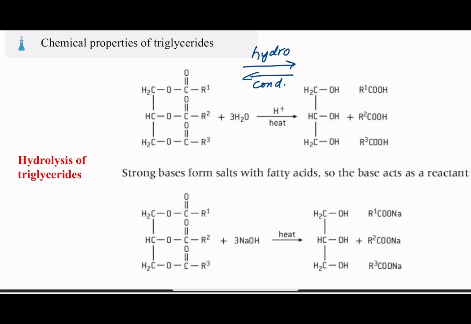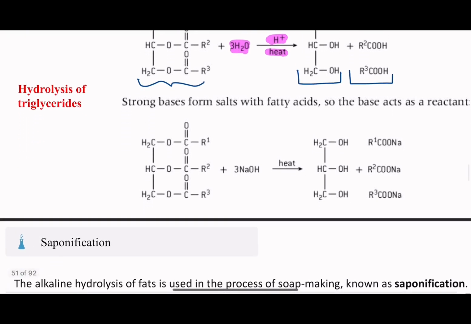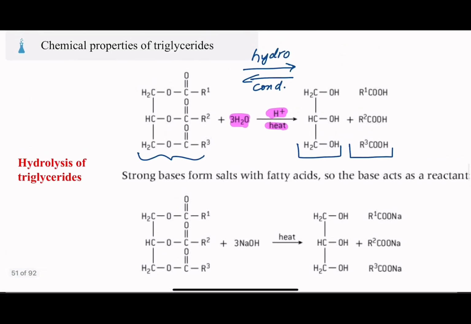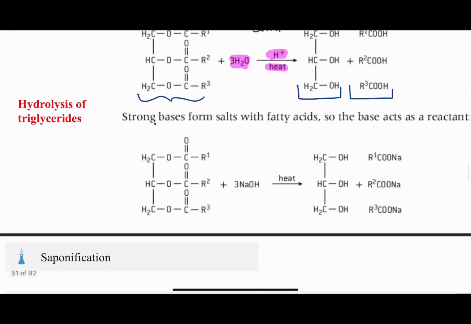For hydrolysis, you need the following conditions. You need to create an acidic environment, and you need to give it heat and provide the water. So this will just break down the triglyceride, and it will give you back glycerol and your fatty acids. Okay, and then the other one is going to be hydrolysis with the bases.